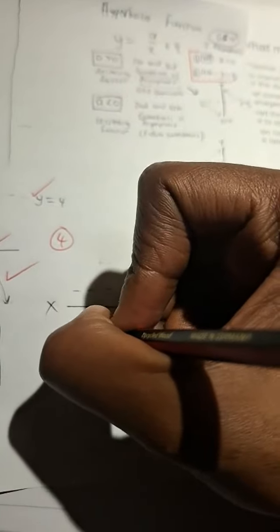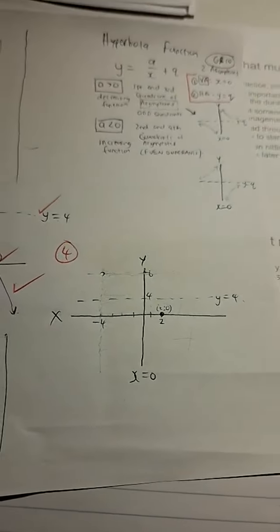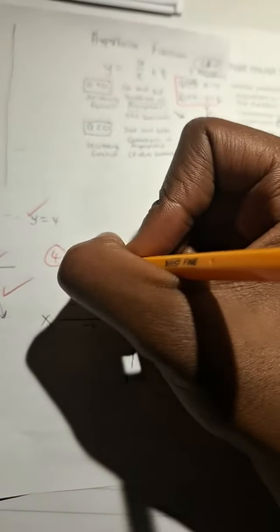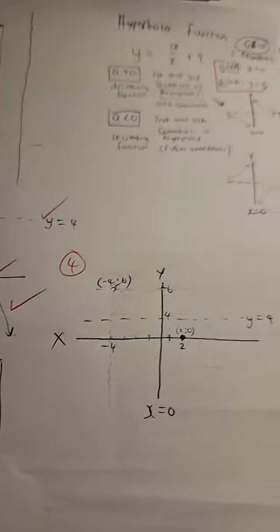I just want to make this point very clear. Y is +6 is everywhere on this horizontal line passing through 6. Where do the two meet? This vertical and this horizontal, they meet there. So that means -4 and 6 is exactly there. That's where it is. Okay.